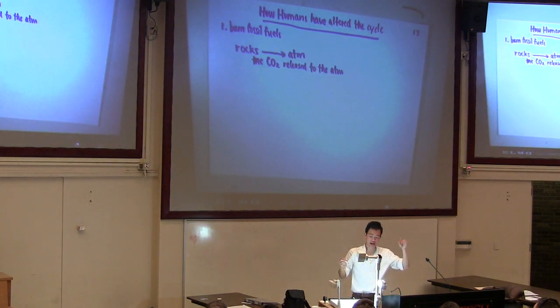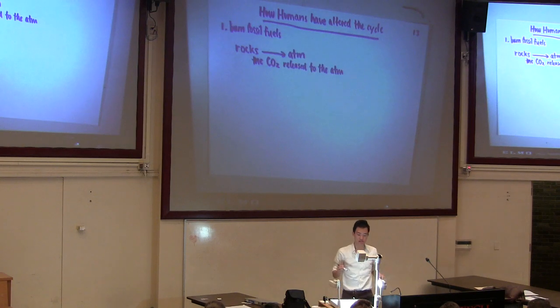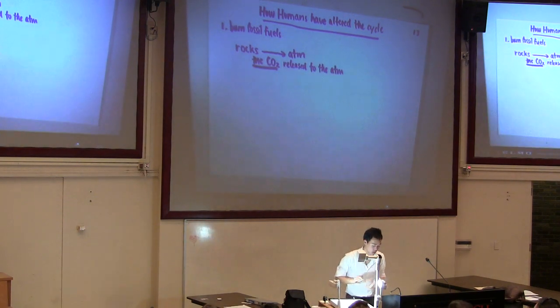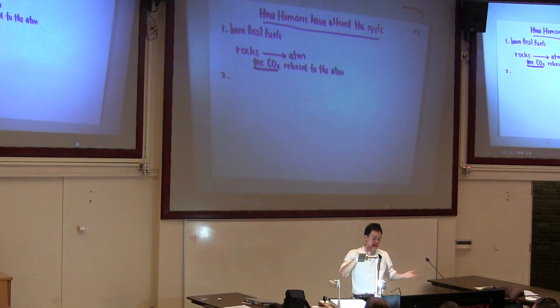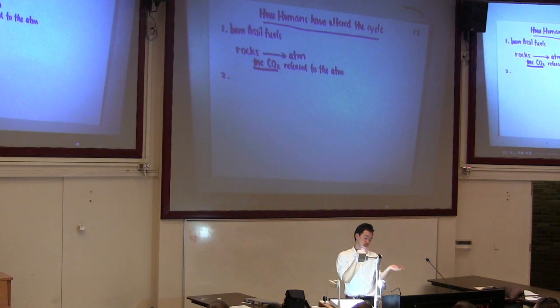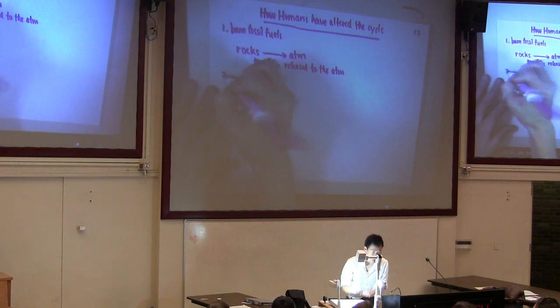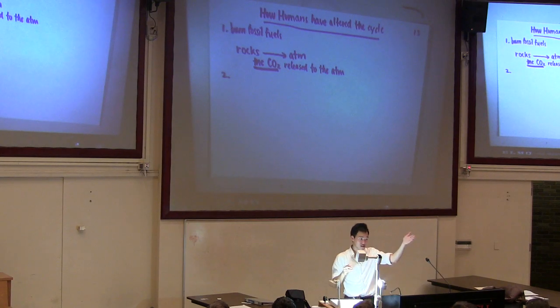You're adding carbon dioxide to the atmosphere. Okay, does that make sense? Okay. So that started happening after the Industrial Revolution, right? So now the cycle starts to not be balanced anymore, right? We're adding more carbon dioxide to the atmosphere than it's being removed.